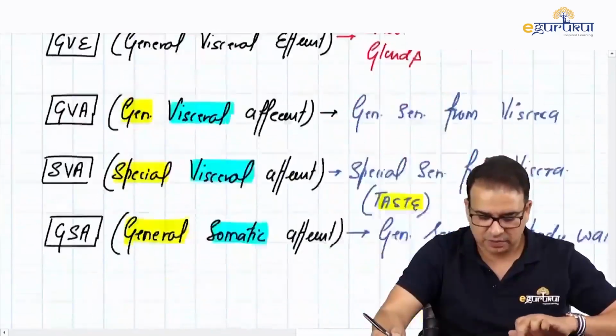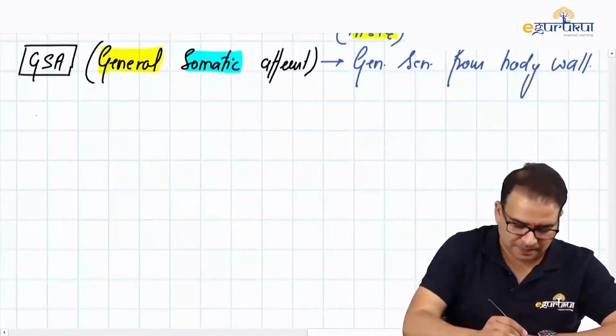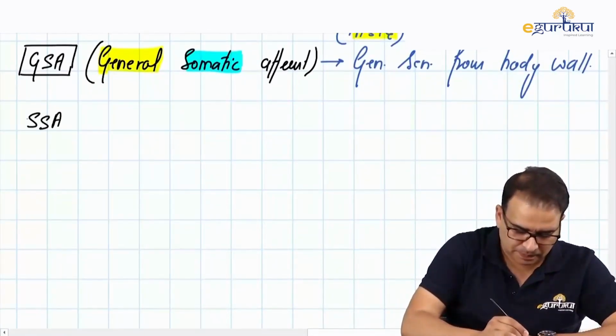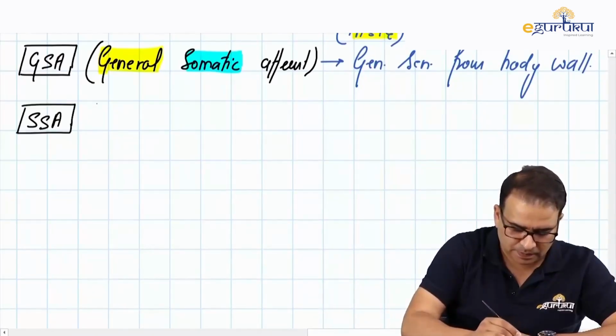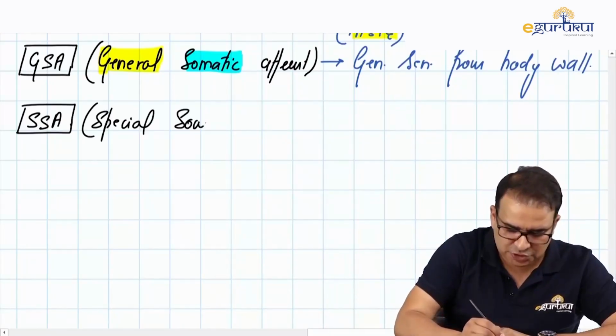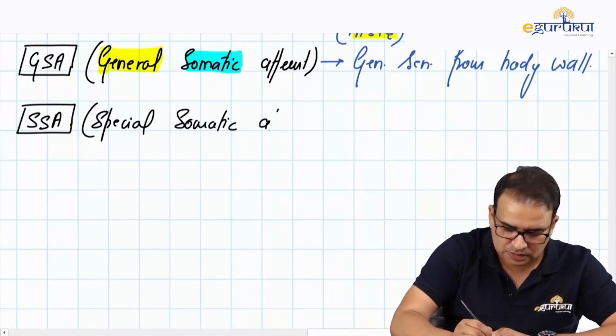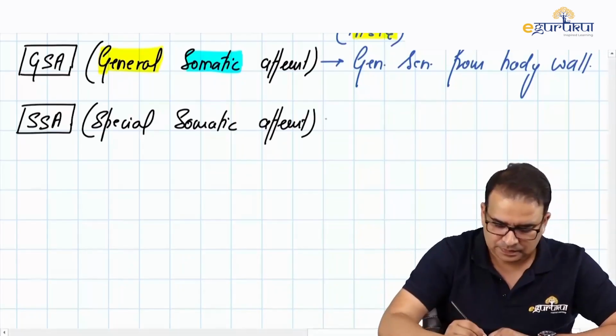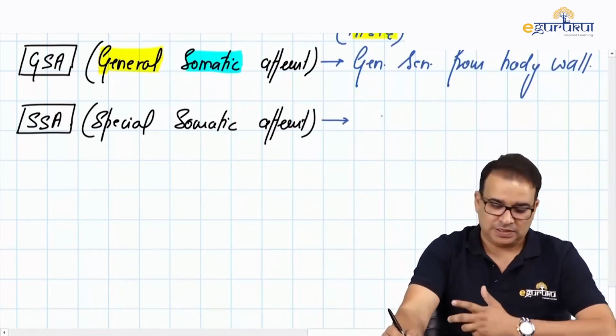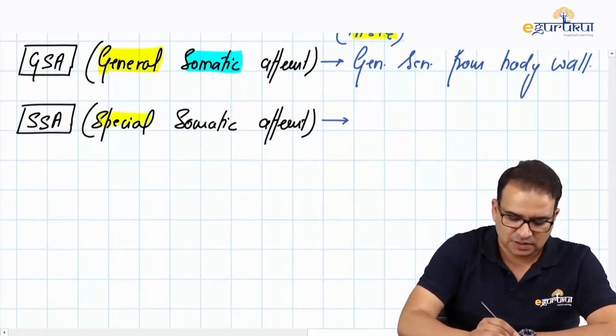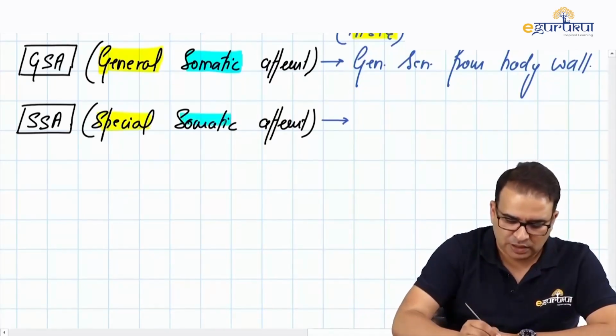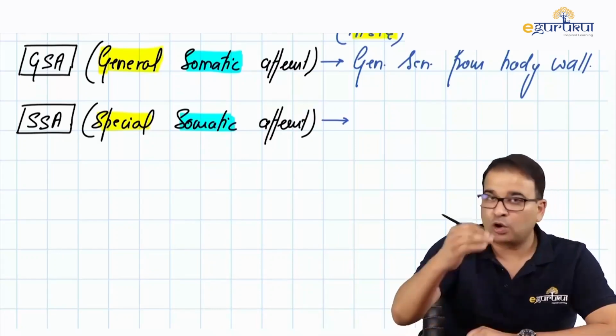Let me write it for you, SSA. This is for the special somatic afferent. So what is this special somatic afferent? As we said already, the sensations are special and they are coming from the body wall. Now when you say special somatic afferent, what all comes into it?